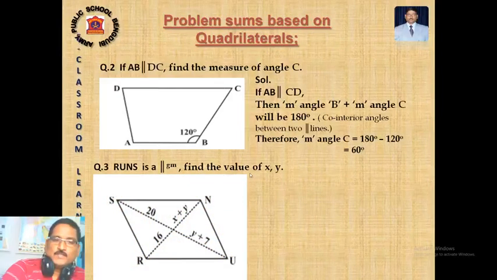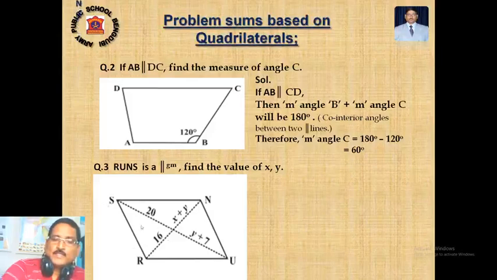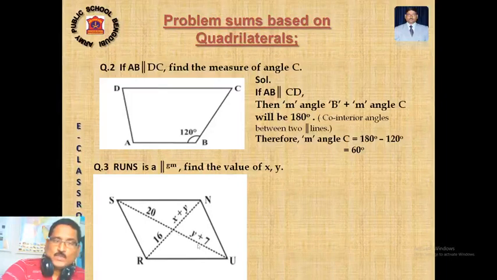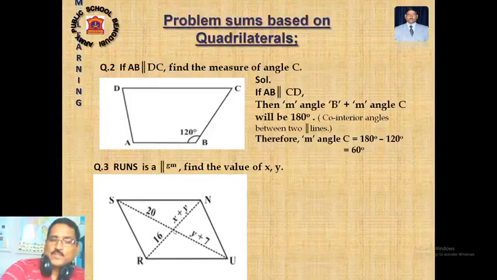Clear? Now the next figure is a parallelogram. In a parallelogram, we know diagonals bisect each other. Here some missing parts are there; x and y you have to find out. Consider this one first. y plus 7 will be equal to 20 because diagonals bisect each other.